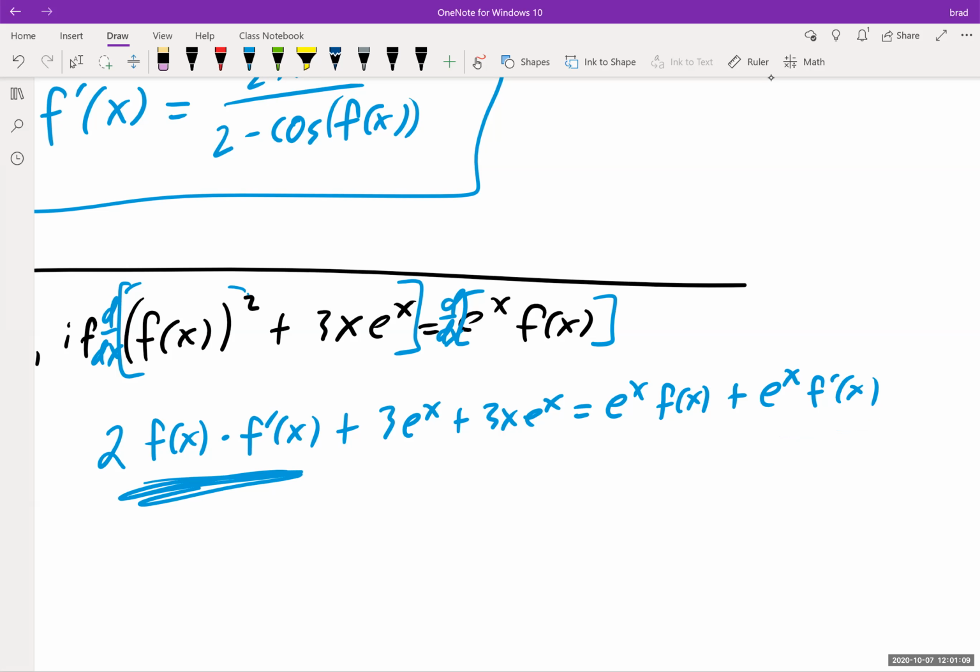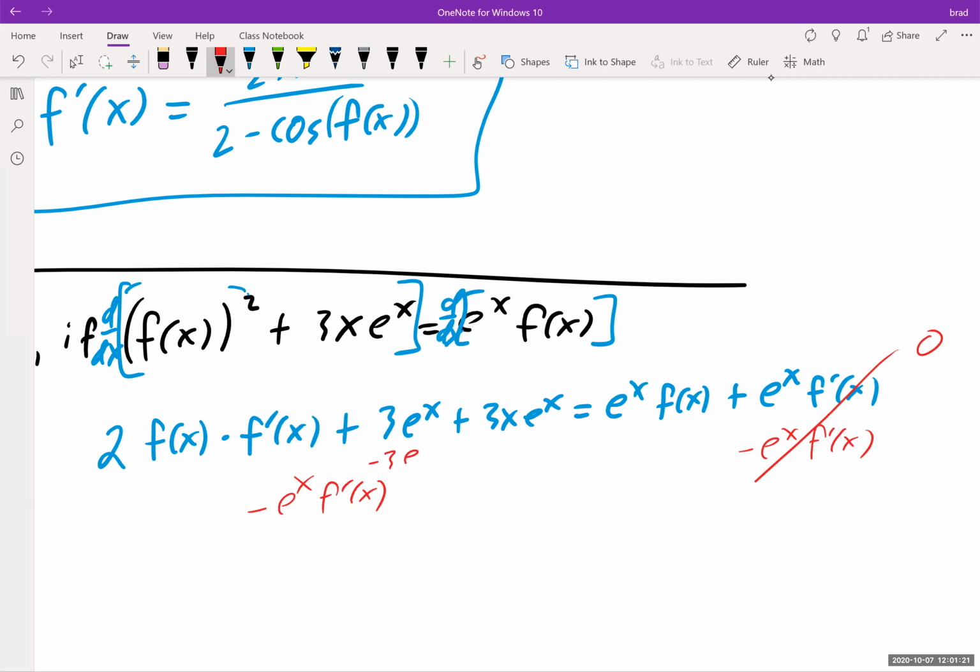So what I'm gonna do, they need to be on the same side of the equation, is I'm going to subtract e to the x f prime of x from both sides. So that's 0. And then I also need to subtract 3e to the x minus 3x e to the x, and then I have to put it over here as well. Minus 3e to the x minus 3x e to the x.